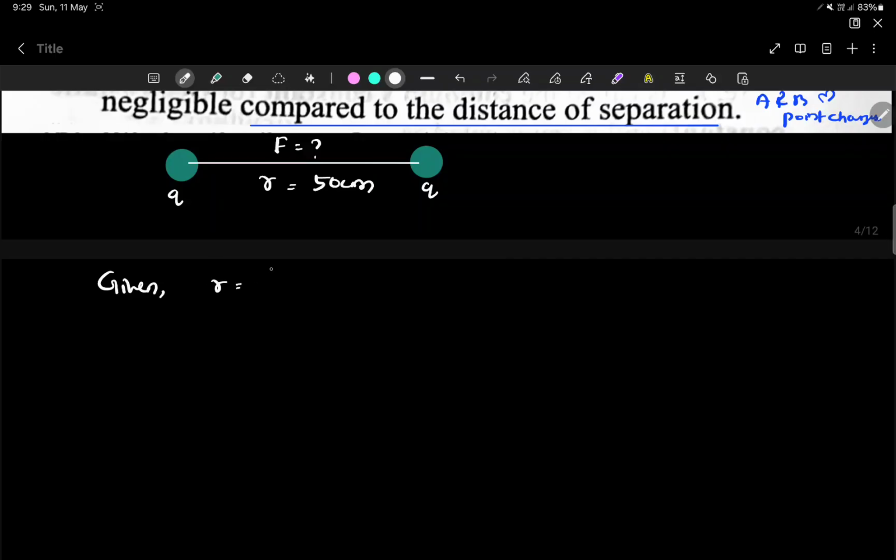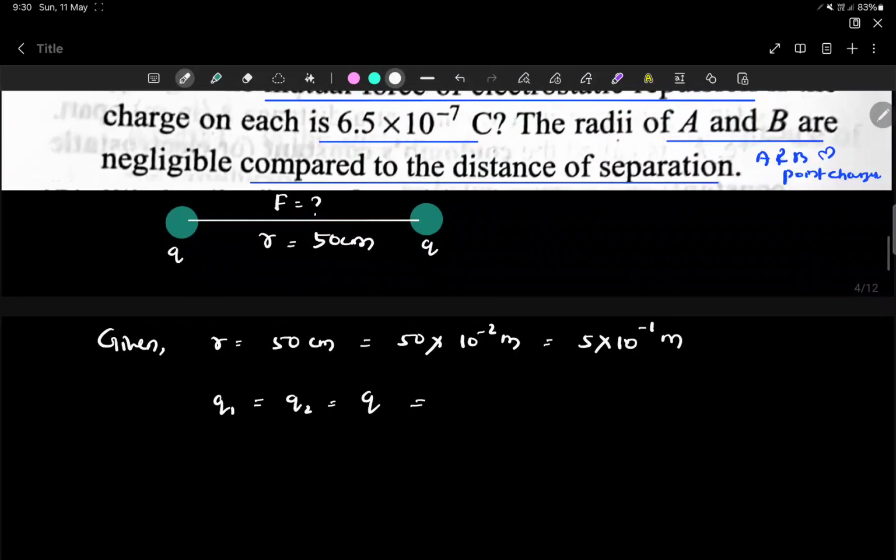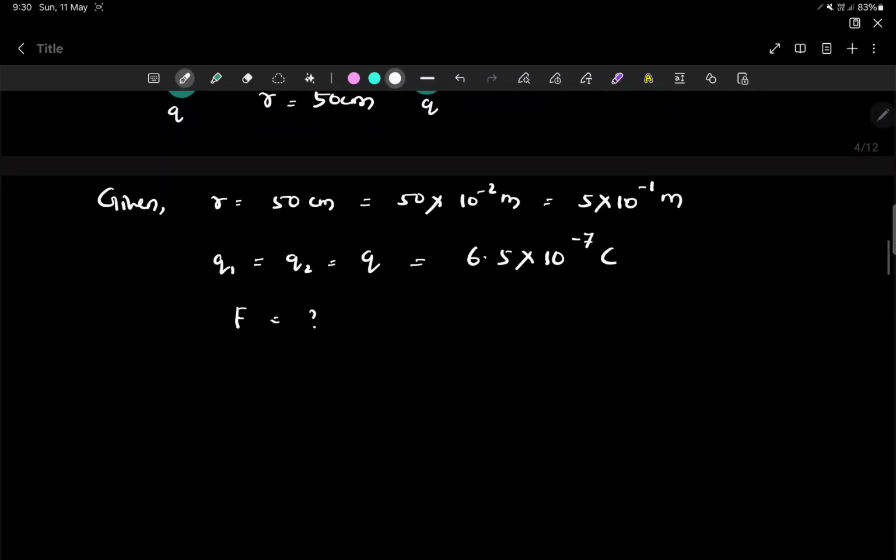Given R is equal to 50 centimeter, this is equal to 50 into 10 to the minus 2 meter, which is 5 into 10 to the power minus 2 plus 1, that is minus 1 meter. Next, Q1 is equal to Q2, that is Q, given as 6.5 into 10 to the power minus 7 Coulomb, and F remains the question mark.